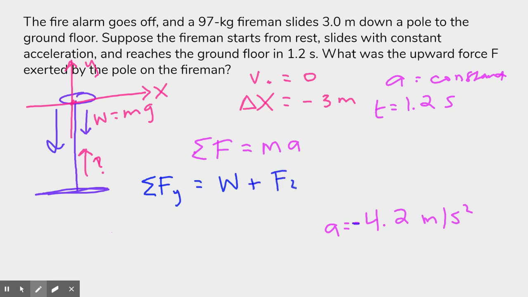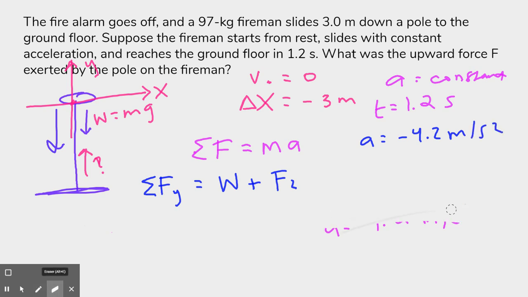Okay, well, let's go back and start plugging in information that we know. I'm going to write this up here so I can move it out of the way. Okay, we know that the weight is coming down the pole. So we actually need to make this negative. And I'm going to start replacing these general forces with the information I know.